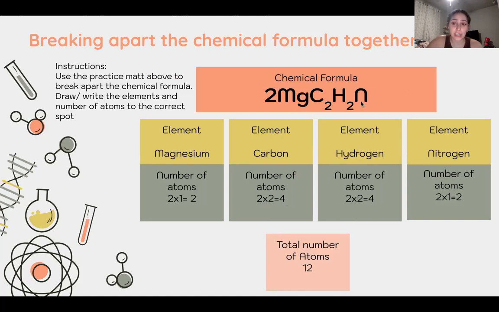Finally, at nitrogen, there's not a subscript, so we're going to assume it's just 1. But we still have to apply the coefficient of 2. 2 times 1 equals 2. To find the total number of atoms, all we have to do is add up 2 plus 4 plus 4 plus 2, which should get us 12.